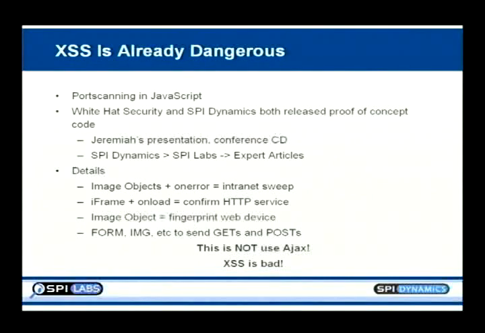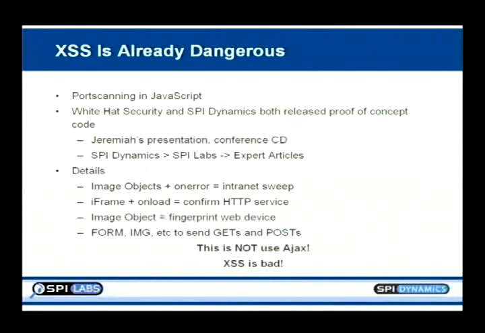Jeremiah's presentation in the conference CD has his proof of concept. If you go to spydynamics.com right now and go to our Spy Labs, our expert articles, we wrote a white paper about this. We've got a nice little piece of proof of concept code where you can give it a range of IP addresses, and it'll just start scanning. We'll actually fingerprint the web server: here's IIS, here's Apache. The way we did it is we used image objects, and if an error event fires, that's how I could find out whether there was a box there or not.